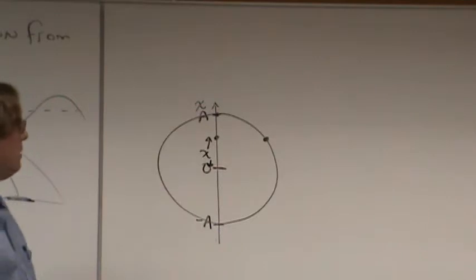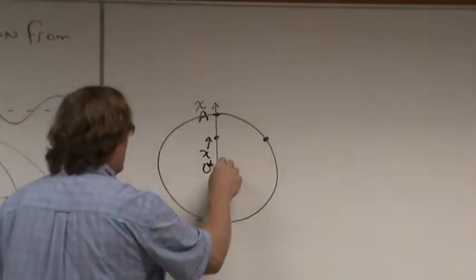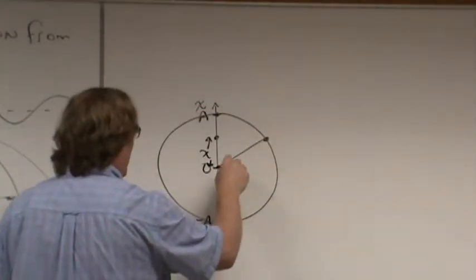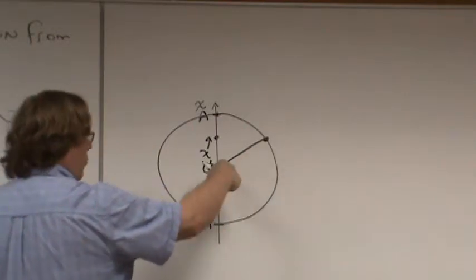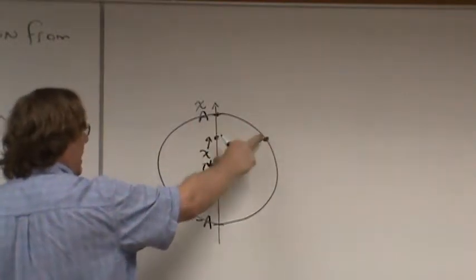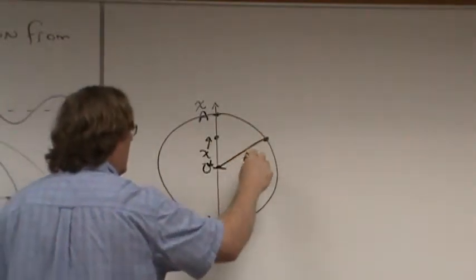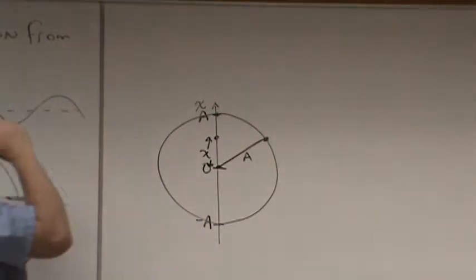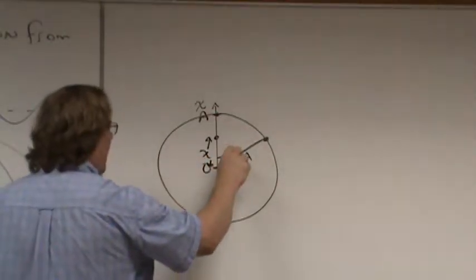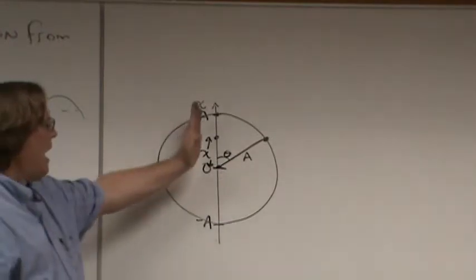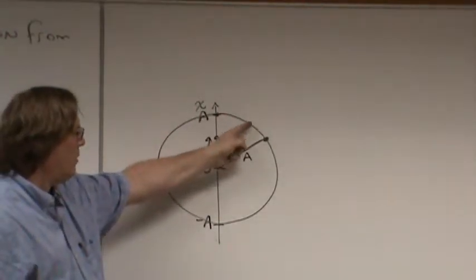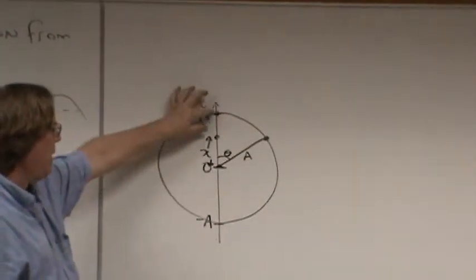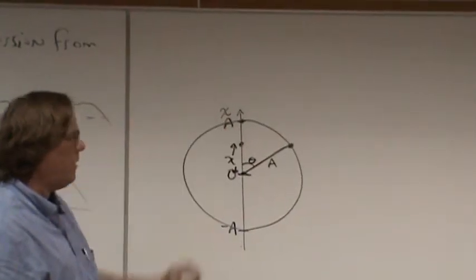But I can also say that I've got this radius, which by the way is A, the amplitude. And this angle theta is how many radians your little circle is rotated in the time that your spring mass system went down to there.